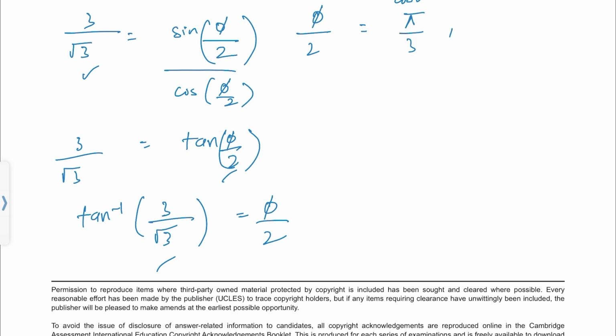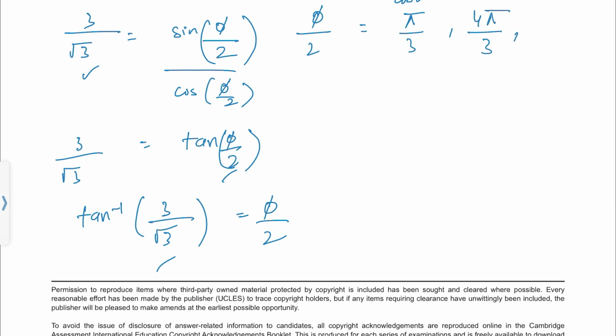And our third quadrant would be pi plus pi by 3. Sorry, here I'm making a mistake. This pi would be added to pi by 3. This would give us 4 pi by 3.